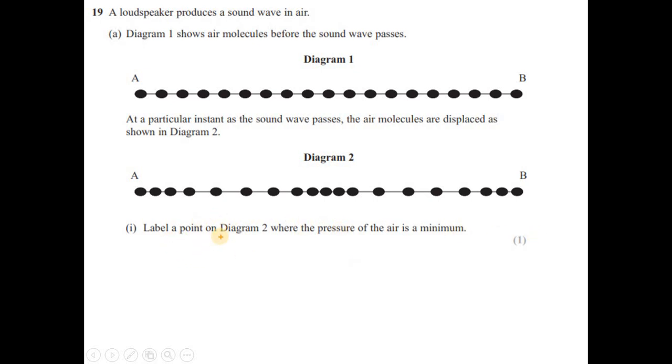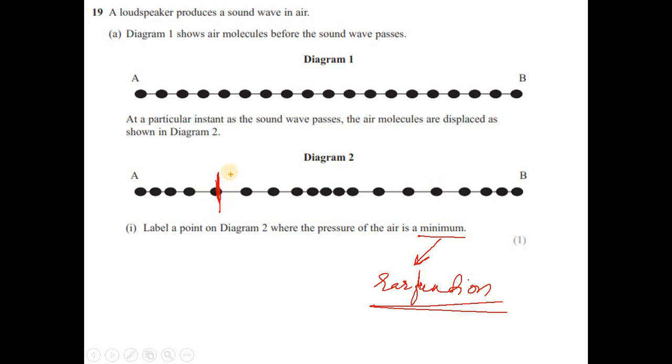Label a point on diagram 2 where the pressure of the air is minimum. So pressure is minimum at rarefaction. If the particles are further apart, this is called rarefaction. So you can see this is diagram 2, and you can label the point like this.